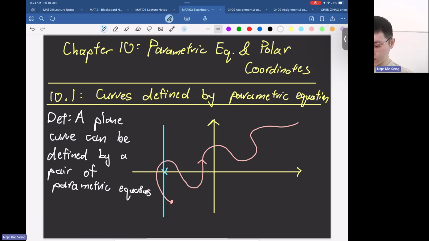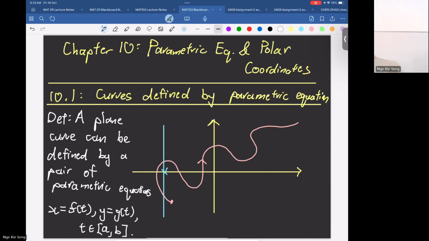What's this parametric equation here? x following a function in terms of t, and y following a function in terms of t. We can always rescale, or just take t from any closed interval [a, b]. Why do we have x and y here? Because this curve is living in the plane.